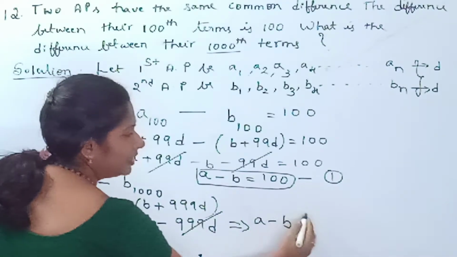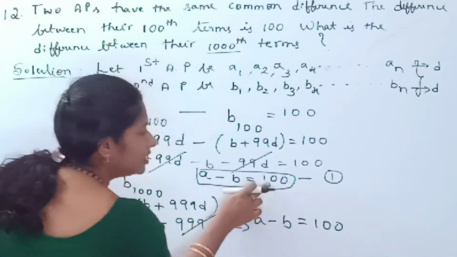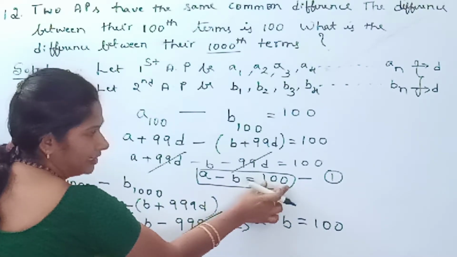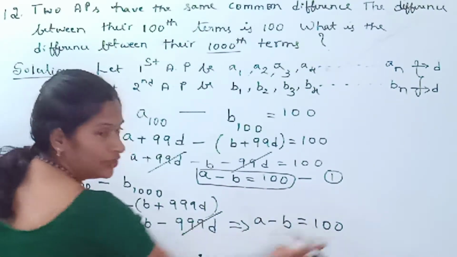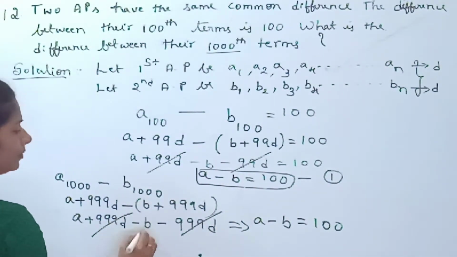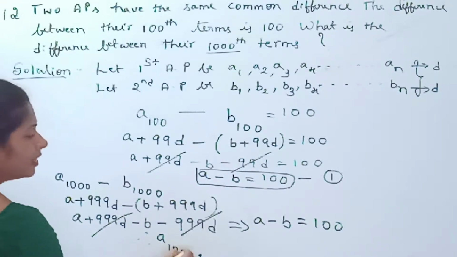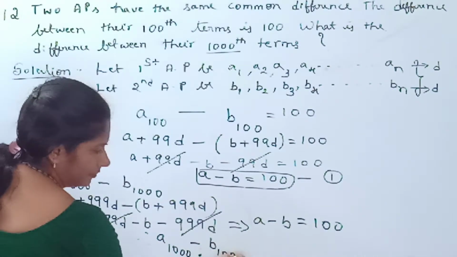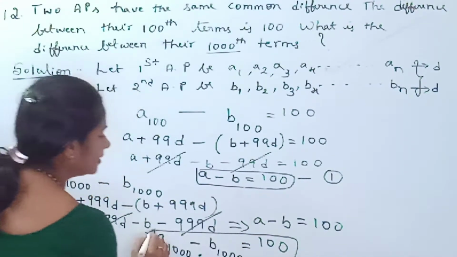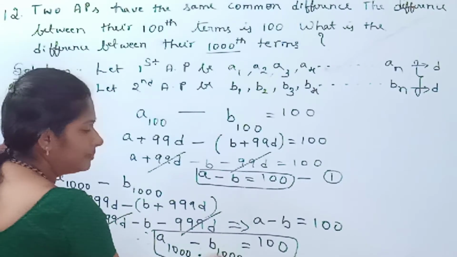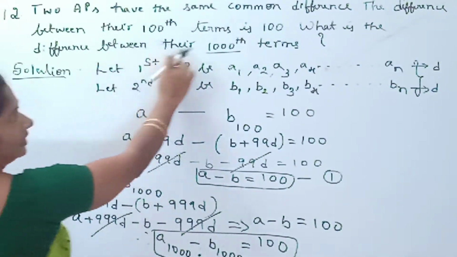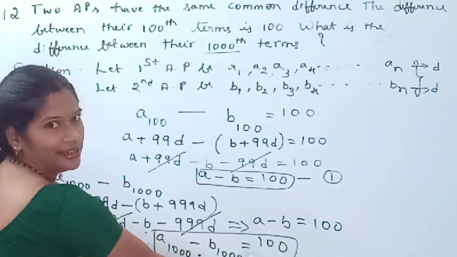So what is your conclusion, children? Therefore, A1000 minus B1000 equal to 100. This is your final answer. The difference between their 1000th terms is 100.